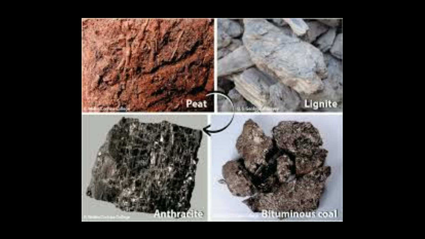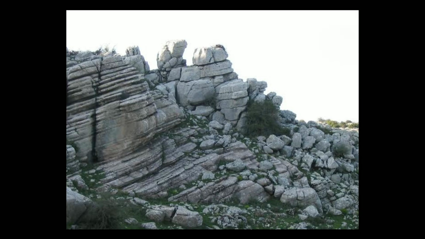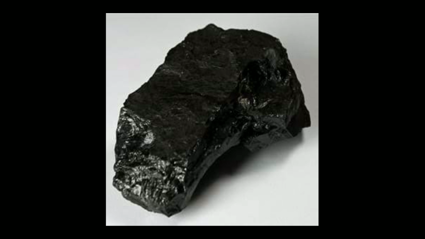It is derived by the accumulation of remains of organisms such as shells of marine organisms, remains of plants and animals. So limestone and coal are examples of organically formed sedimentary rocks.